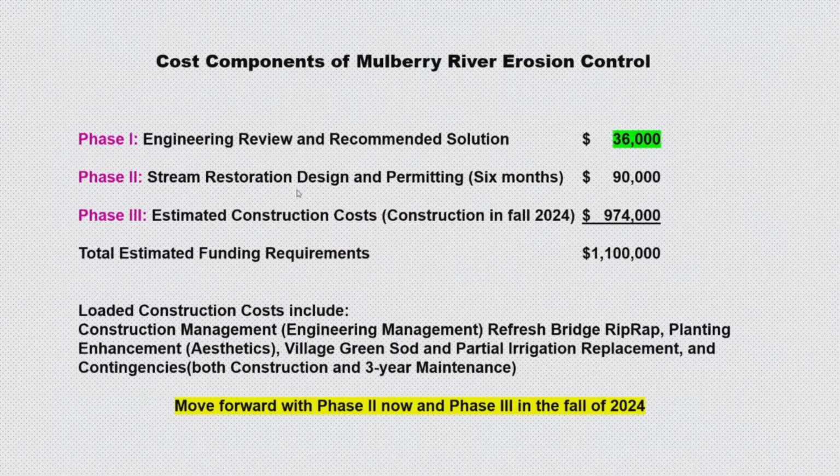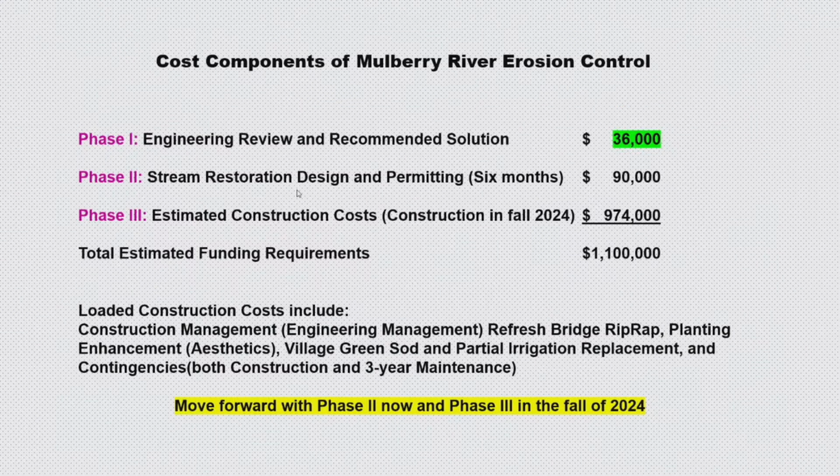And then the contingencies, both the construction and the 3-year maintenance contingency. Construction contingency is around 100,000 if I remember right. And 3-year maintenance contingency, that's the contingency where we go in and we replace plantings that don't make it because of flooding. That's 120,000.